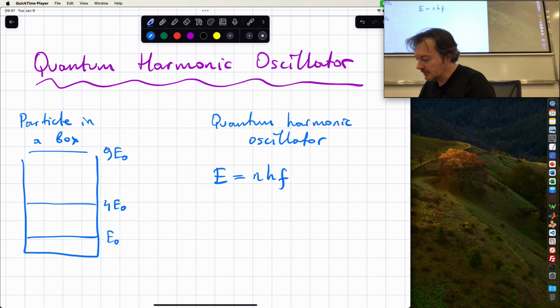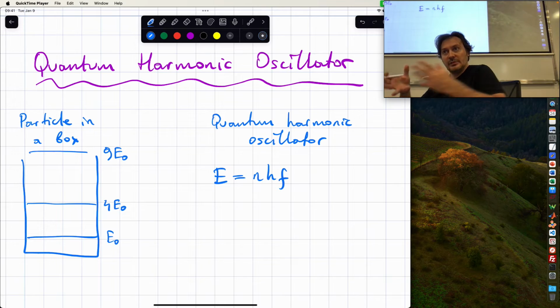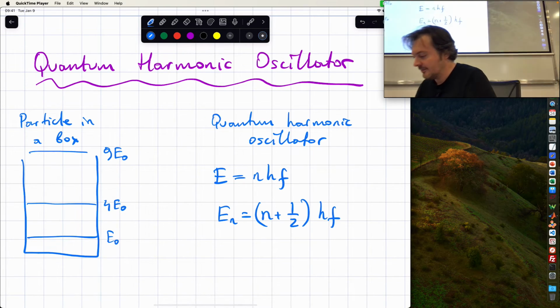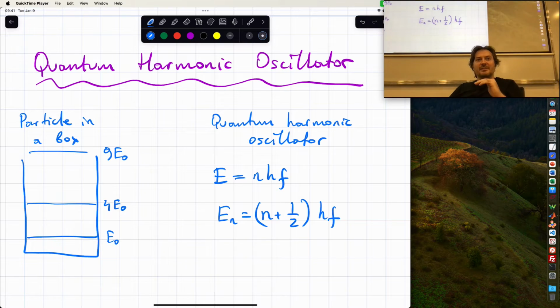Well, we will figure out the full solution using Schrödinger's equation, and we are going to get this. It's the same, so it still works. Whatever Planck said is still valid, despite this zero level oscillation.